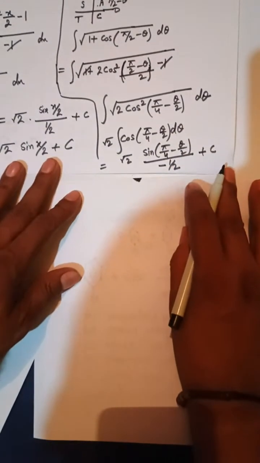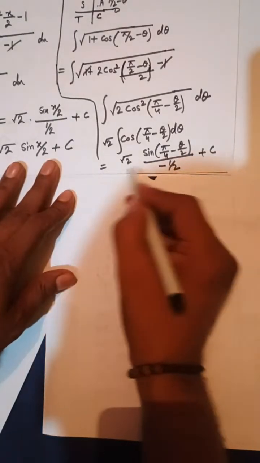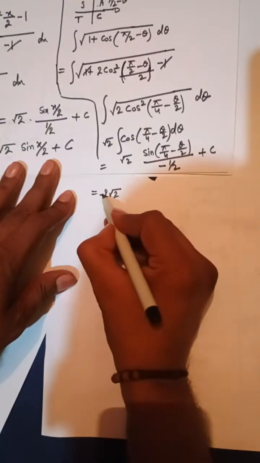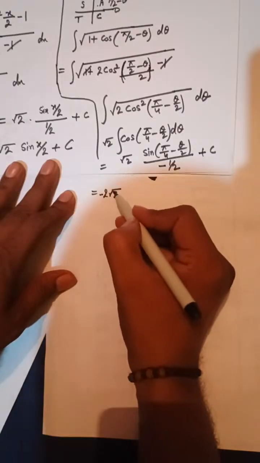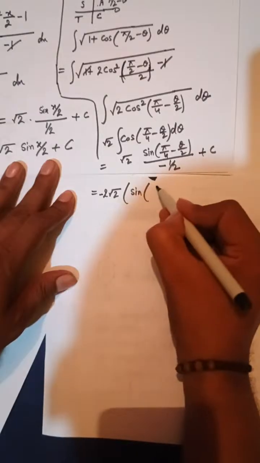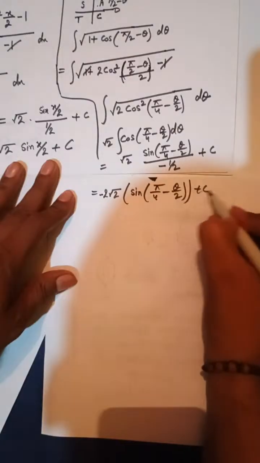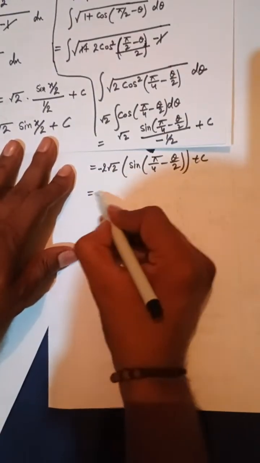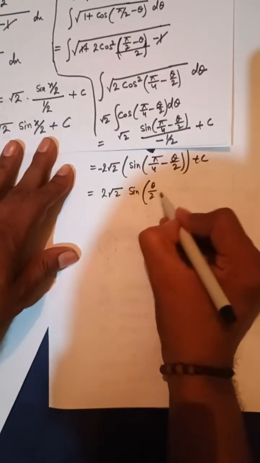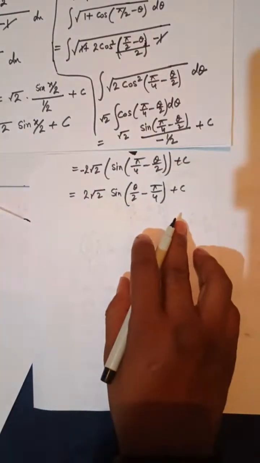The 2 comes up and it becomes negative 2 root 2 sine of pi by 4 minus theta by 2 plus c. The minus goes inside, so we have 2 root 2 sine of theta by 2 minus pi by 4 plus c. This is the solution of this problem.